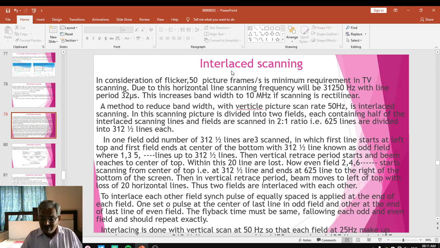Then both the fields are interlaced with each other. That means in interlaced scanning, one vertical frame is divided into two fields, each field containing 312 and a half lines, and then both the fields are joined together, interlaced together.